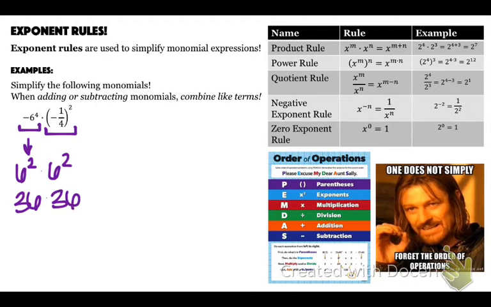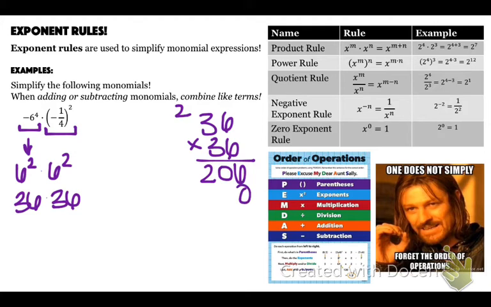So if I multiply 36 and 36, doing it to the side, you get 6 times 6 is 36, 3 times 6 is 18, plus 3 is 21, 6 times 3 is 18, 3 times 3 is 9, plus 1 is 10. So we get 1,280.